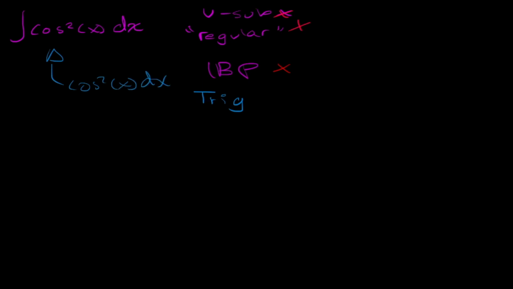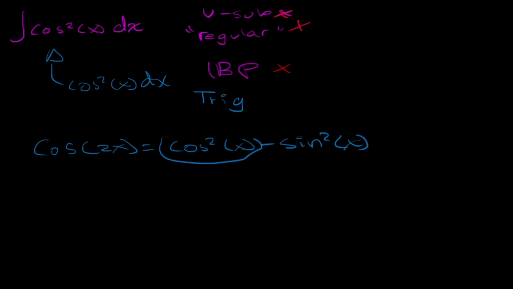So typically what I like doing is looking at all the cosine identities. One of the cosine identities that I know is cosine of 2x, which is in essence just cosine squared of x minus sine squared of x. And immediately I can see that there's a cosine squared of x term here.